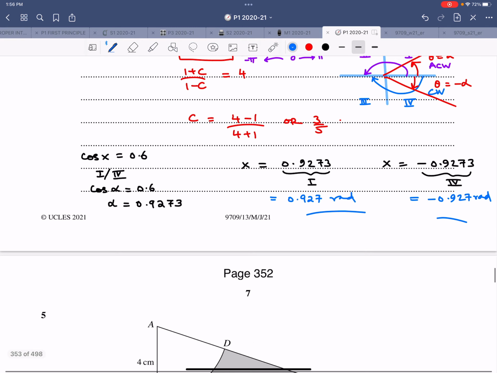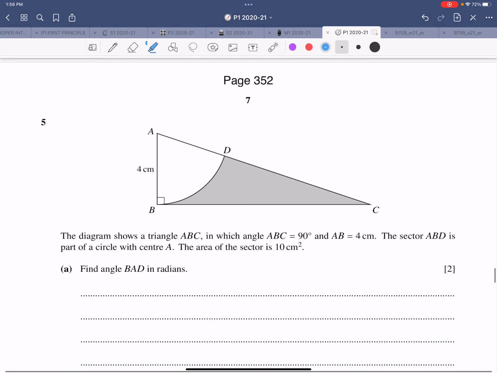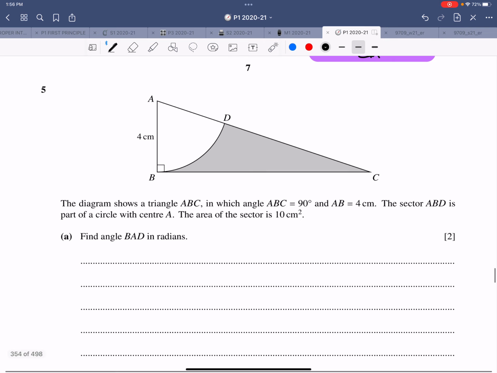Question number 5. That is a circular measure question. Make sure your calculator is in the radian mode. It's already in the radian mode from question number 5. It says the diagram shows a triangle ABC in which the angle ABC is 90 degrees and AB is 4. The sector ABD is part of the circle with center A. What does it mean? It means that this is the radius and this is the radius.